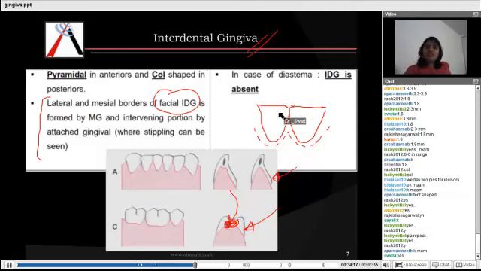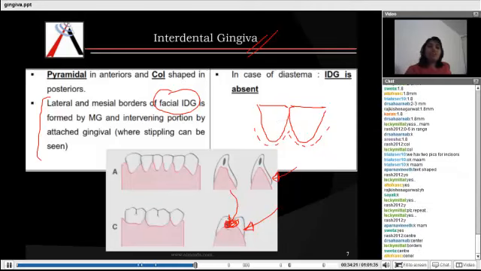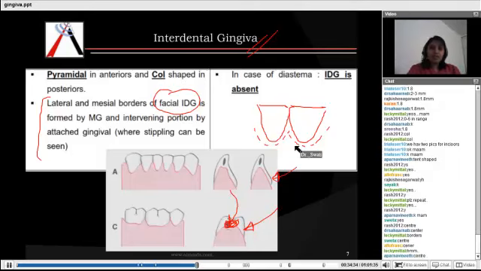Okay, so this is about the interdental gingiva. Now, there is one point. Interdental gingiva, or papilla, will be absent wherever we don't have the contact point. Because when the teeth are close enough, look at this point, we have the space here, and this space is filled in by the papilla.